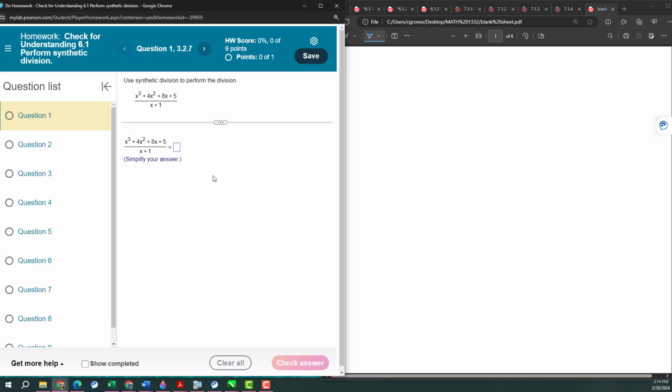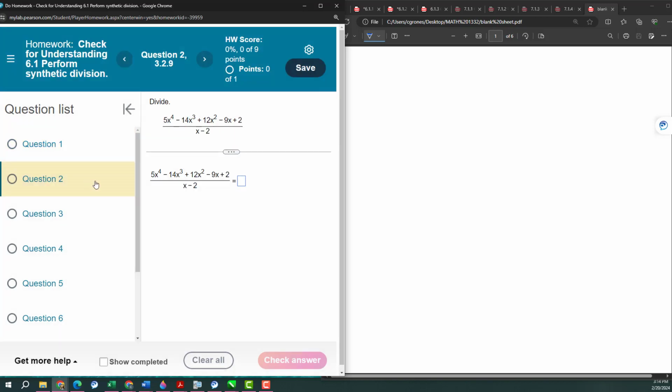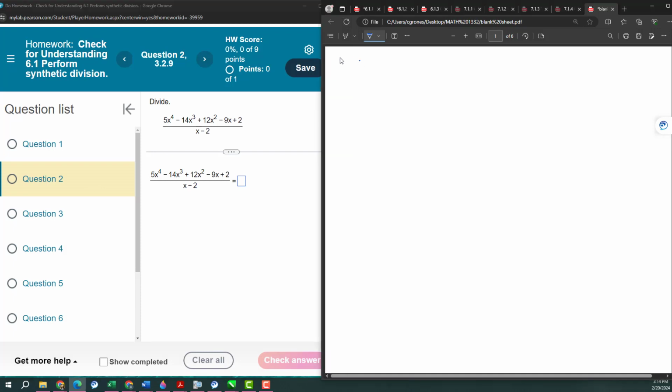All right, so this is the homework for 6.1. And I'm going to work through some of these questions. I'm going to do some of the ones that are similar to the questions that are on the test. So I'm going to start off with number 2. So this is 6.1, number 2.